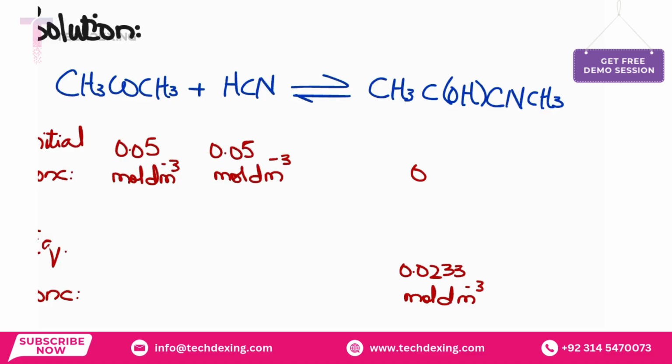No, it's not 2 to 1. If 1 mole of propanone reacts with 1 mole of hydrogen cyanide, you get 1 mole of the product. So the ratio is 1:1. Got it?